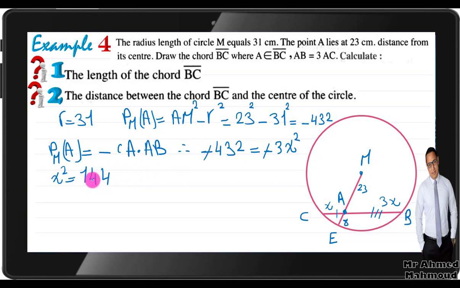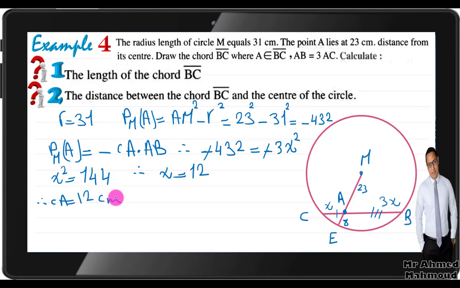Okay, so x power of 2 equals 144. So x equals root 144 equals 12. Now AC equals 12 and AB equals 3 times 12 equals 36. Okay, therefore CA equals 12 centimeters.